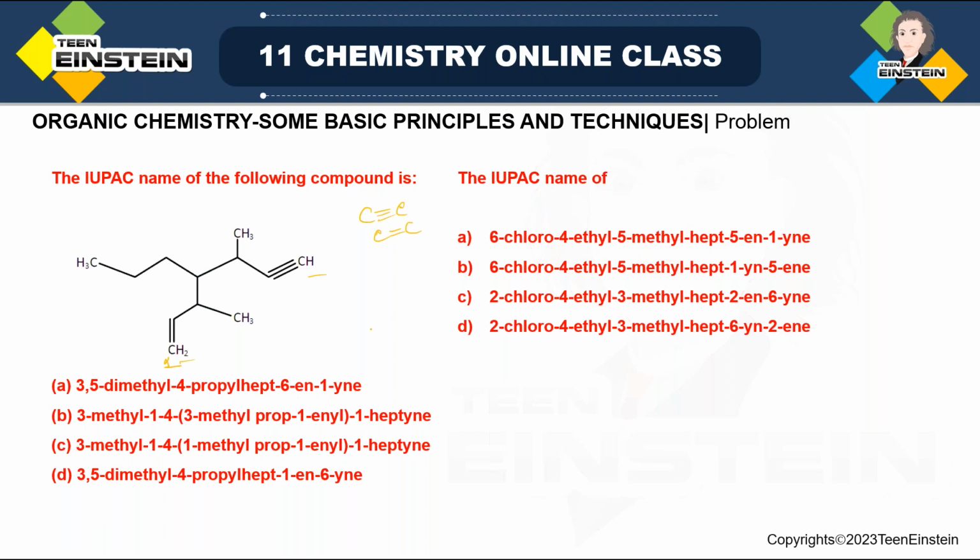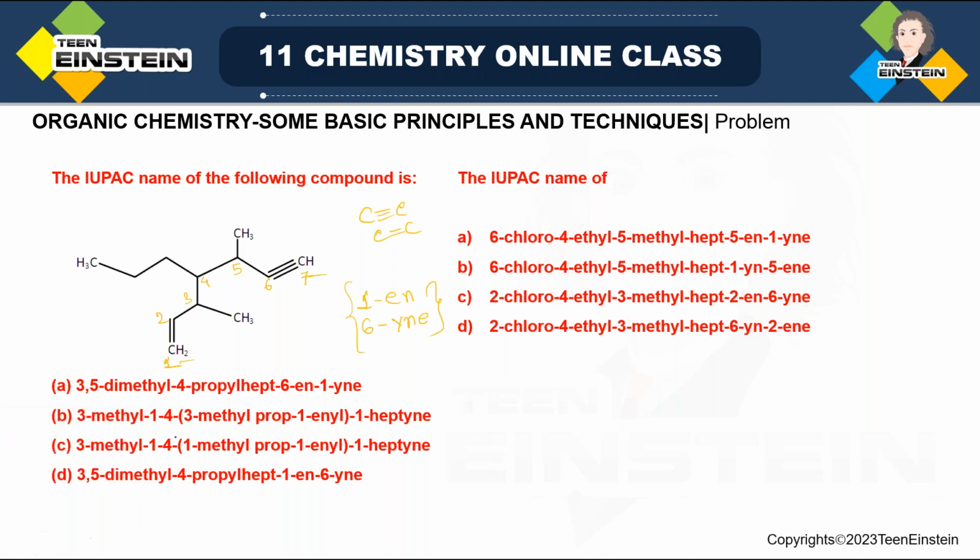So that is why it must be 1 ene, and if it is 1, then 2, 3, 4, 5, 6, 7. So it is 6-yne, not the other way.